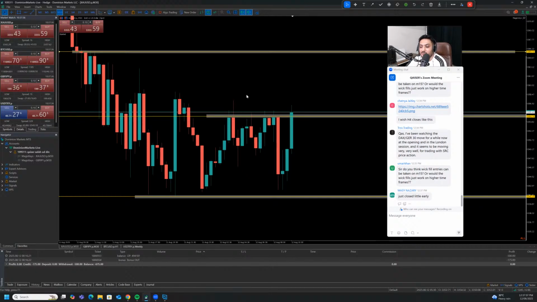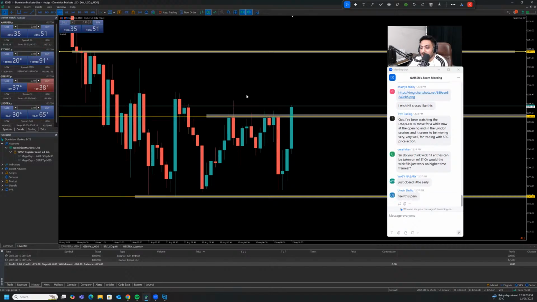Later, when the CPI hits, make notes on that CPI. You will see even the 5-minute candle printing more than 100 pips. It's going to happen during the CPI. So make notes on that, so you will understand when we need to flip from a higher time frame to a lower time frame.